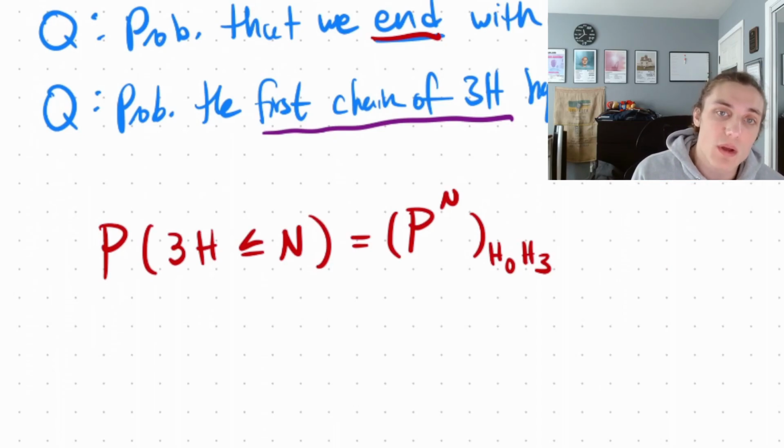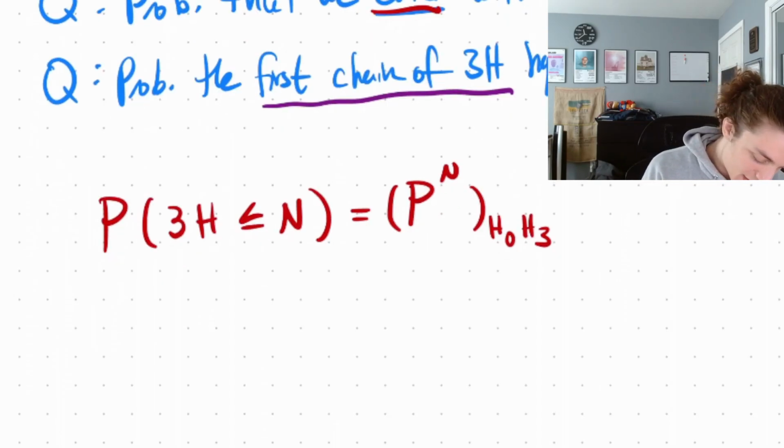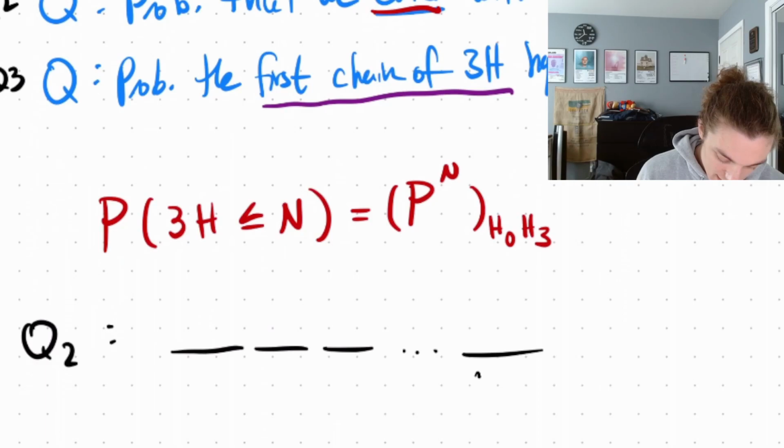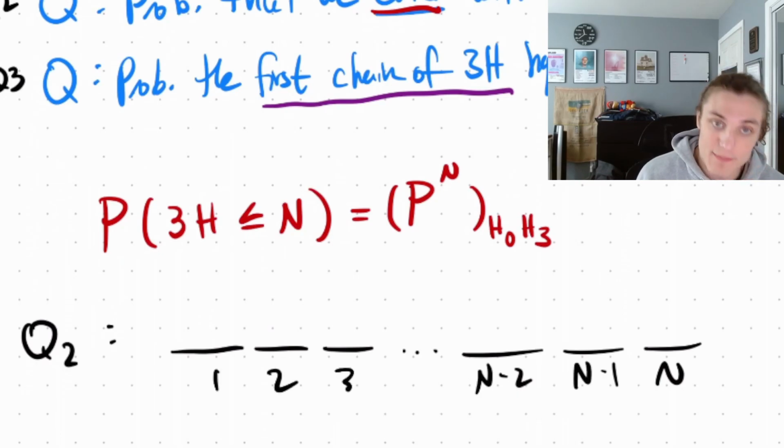So in other words, question 2, let me flesh this out a little bit more. This is question 2, question 3. Question 2 hits 1, 2, 3, ... n minus 2, n minus 1, n, again, these should be capital N's. So when does question 2 hit?